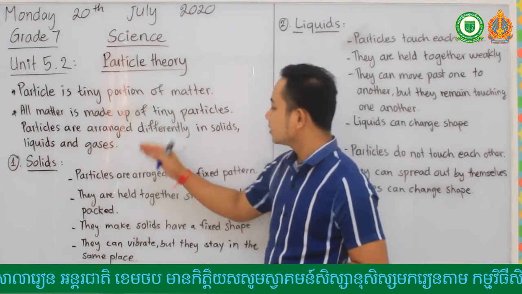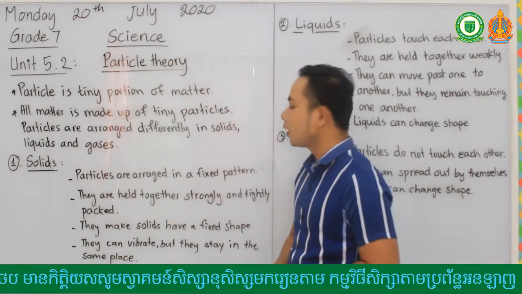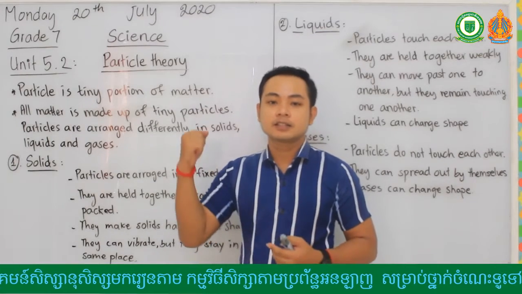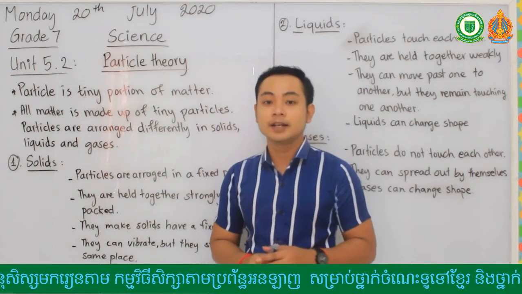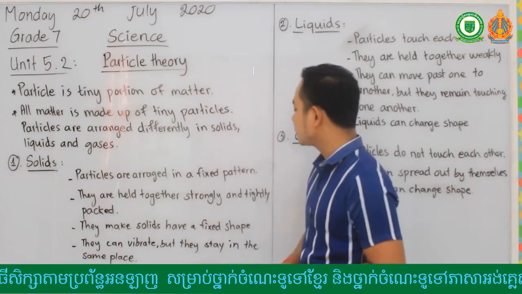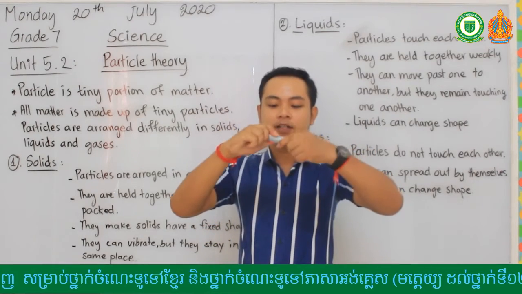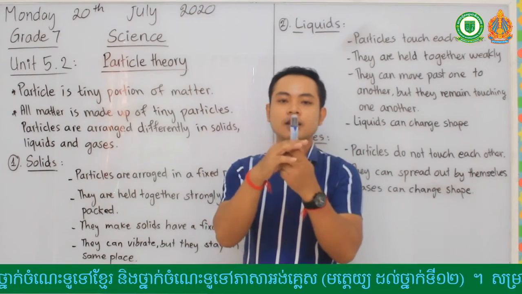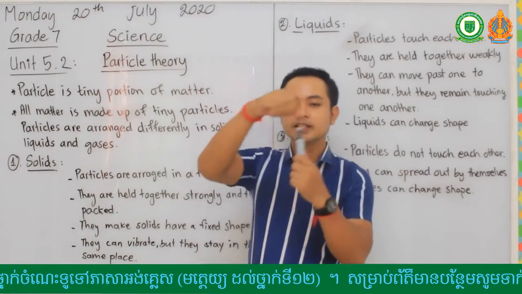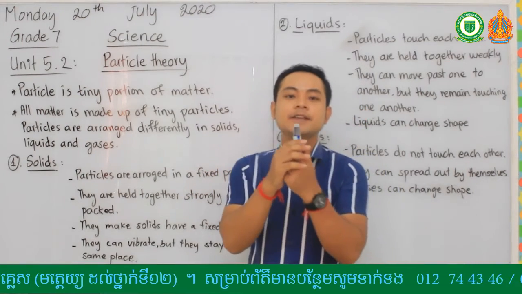Solids. In solids, particles are arranged in a fixed pattern. Solids are strong and tight, right? All the particles in solids are arranged in a fixed shape. You can see this one, very strong, right? This marker has a lot of particles arranged together in a fixed shape.